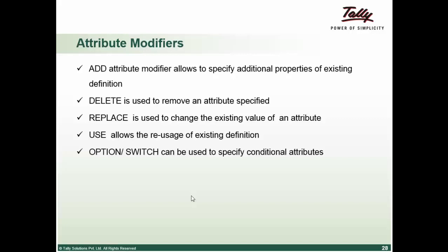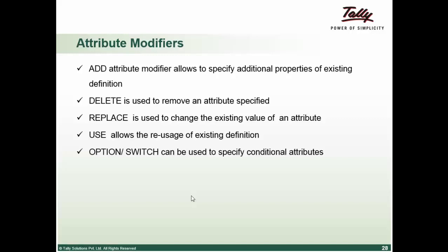Add attribute modifier is used to add an attribute to the definition. Delete attribute is used to remove or delete something from the definition. Replace modifier is used to replace the existing attribute value with another attribute value.